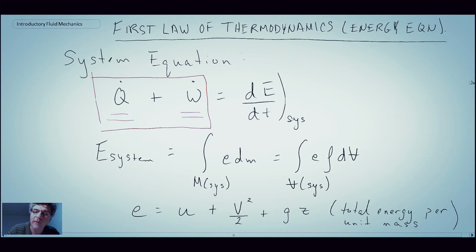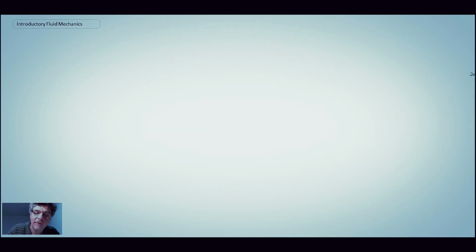And for that, if you recall back to the derivation that we did to come up with the equation that relates the system to the control volume, we assumed that at one point in time the control volume and the system were co-located. And so with that, we can then make an assumption that relates heat transfer and work.